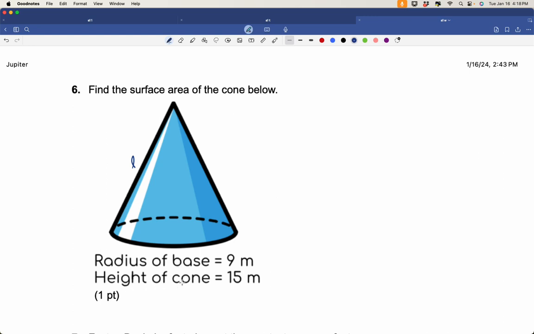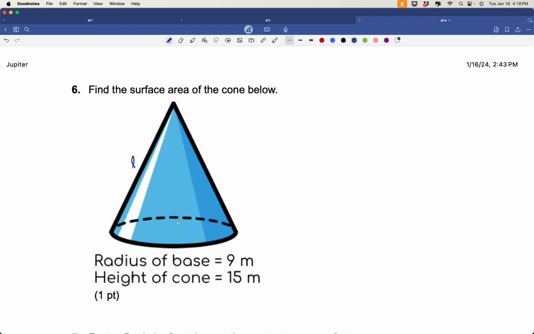In order to get the surface area of the cone, you've got to have slant height. Now, we'll get to that in a minute, but because you haven't done that in this book yet, we did it last year in pre-algebra. It's called Pythagorean's theorem. So if you had pre-algebra with me, you do know how to get there. You just might have forgotten.